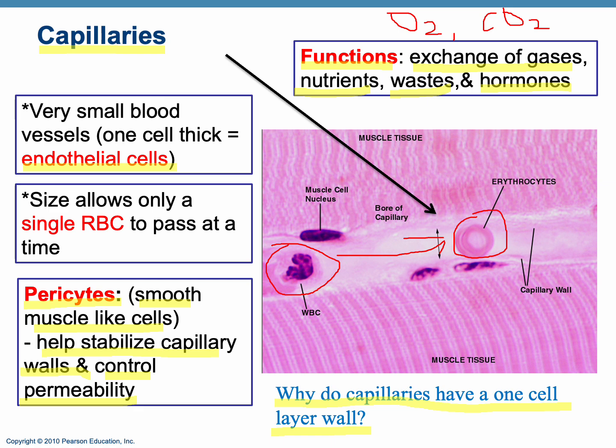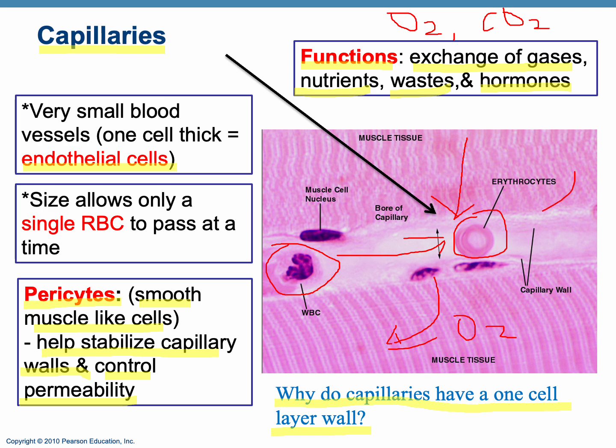So it allows for very, very easy movement for materials to come into the capillary and leave the capillary, especially if we think of gases, right? So very easy movement of oxygen to leave the capillary, go to the muscle tissue cells here, and vice versa.